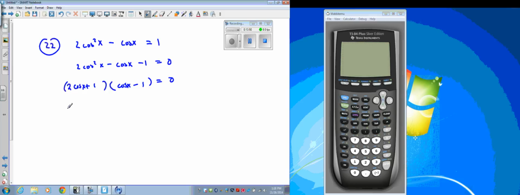Now what are you going to do? Set each one equal to 0. So this is cosine x equals 1/2, and this is cosine x equals 1. So where's negative 1/2?